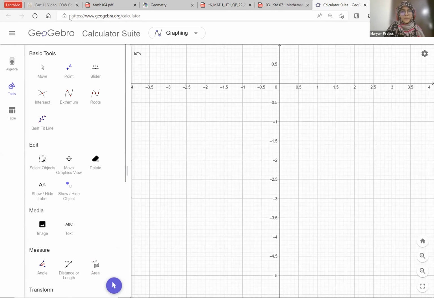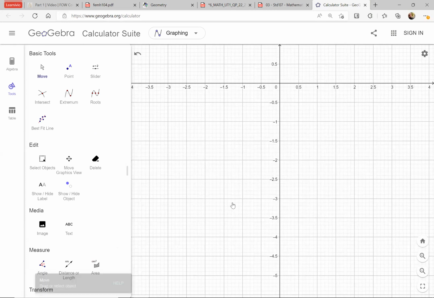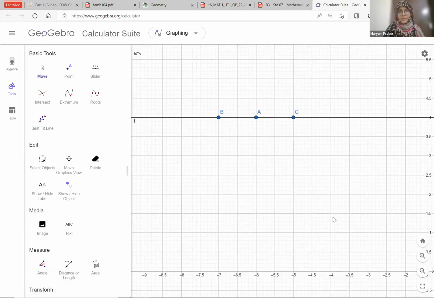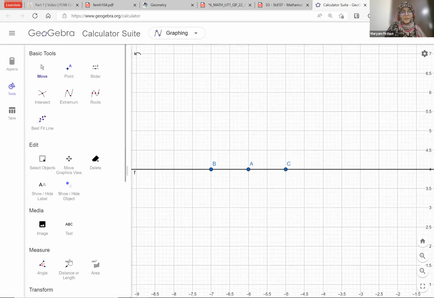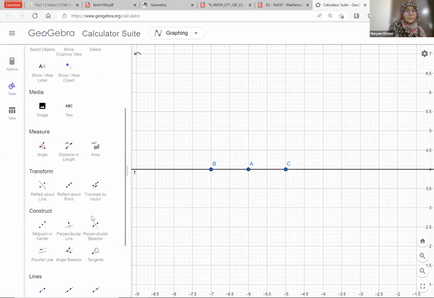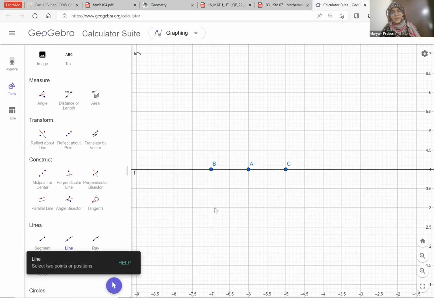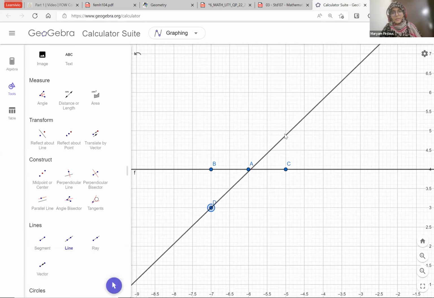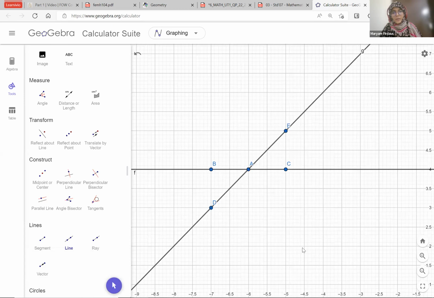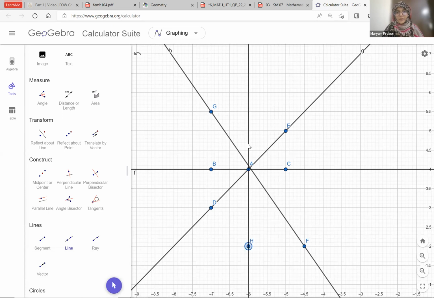Wait, where did it go? There it is. Okay. Then I have this line passing through it. So that's 2 lines, 3 lines. Keep counting, okay? 4 lines, 5 lines.